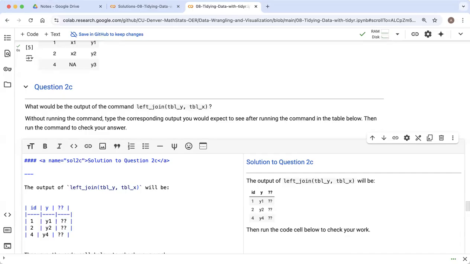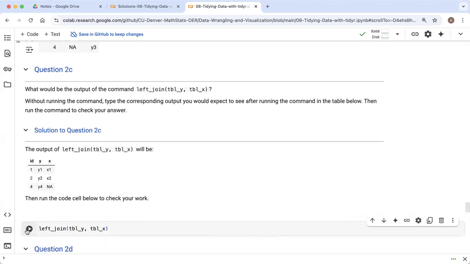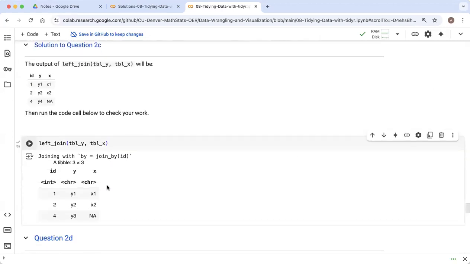And then it's going to go into Tibble X and try and match things up. So it did have a matching ID 1. It did have a matching row with ID 2. That X value was X2. There is no row in Tibble X that has an ID of 4, so it has an NA value over here. And let's check that out. Perfect. We are 3 for 3 with our output so far.